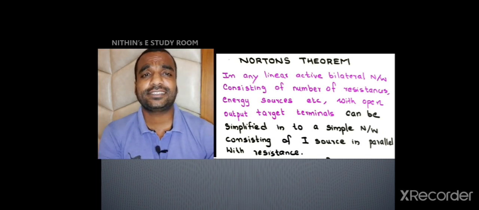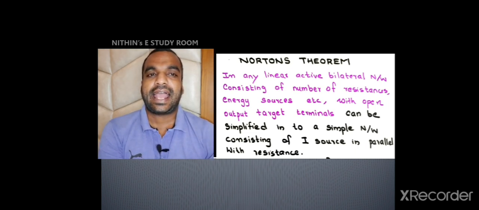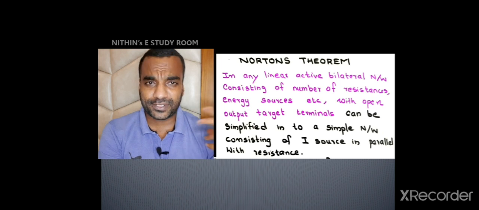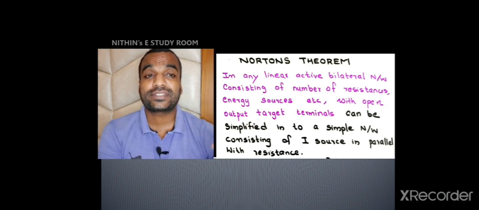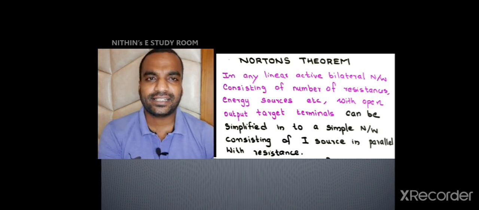So in Thevenin's theorem you are simplifying with a voltage source in series with a resistor, and in Norton's theorem you are simplifying the same network with a current source in parallel with the resistance. And surprisingly, or fortunately, these two resistances are the same.